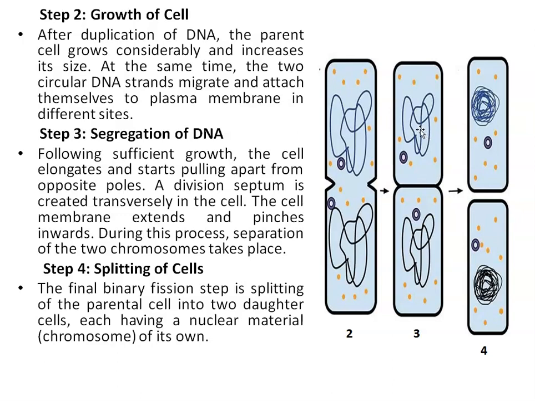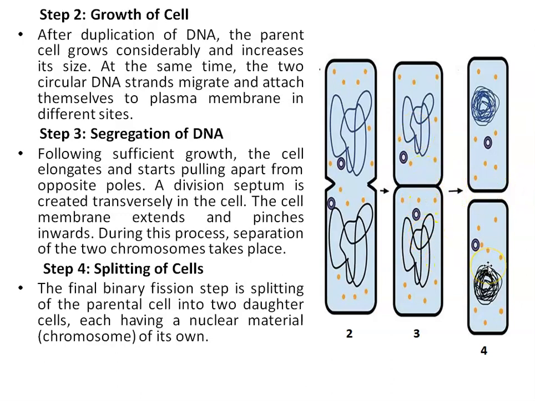A division septum is created transversely in the cell, and the cell membrane extends and pinches inward, as you can see here. Invagination of the wall occurs, and ultimately both invaginations meet and a complete septum is formed, right? So during this process, separation of two chromosomes takes place.